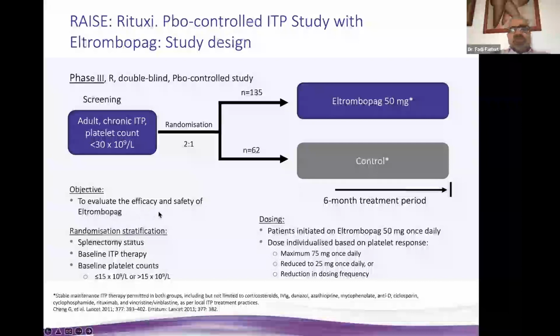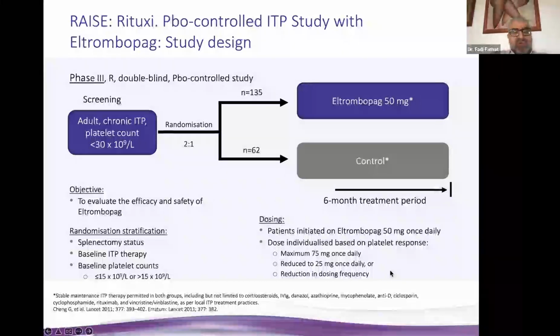The objective was to evaluate the efficacy and safety, and there was a stratification by the splenectomy status, the baseline ITP therapy, and the baseline platelet count, and they took 15 as the cut point, less or more than 15. The patients started with L-Thrombobag 50 milligram once daily, and the dose was individualized based on platelet response, maximum 75 or reduced to 25, or reducing in frequency.